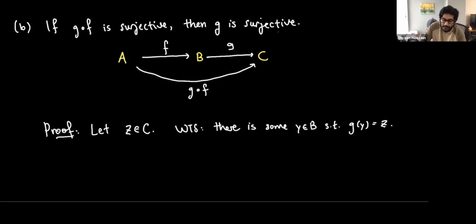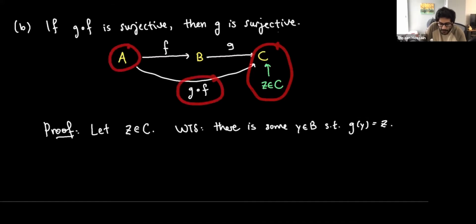Well, what do I know? What do I know about Z being in C? I know that G∘F is surjective, so what can I say? Since Z is an element of C, exactly, there's an X in A that hits Z, because I know G∘F is surjective.